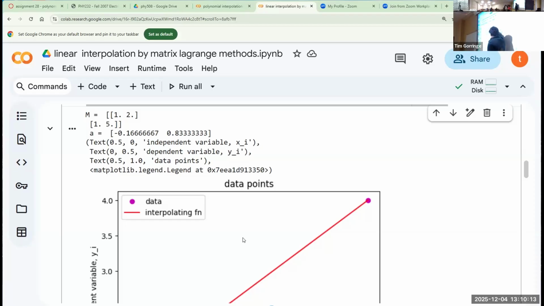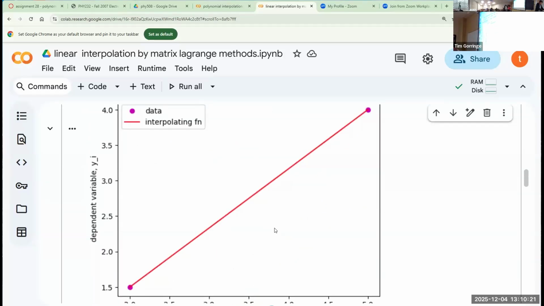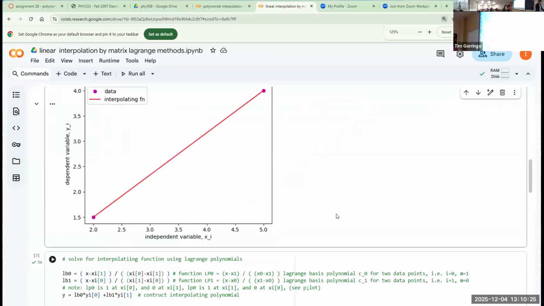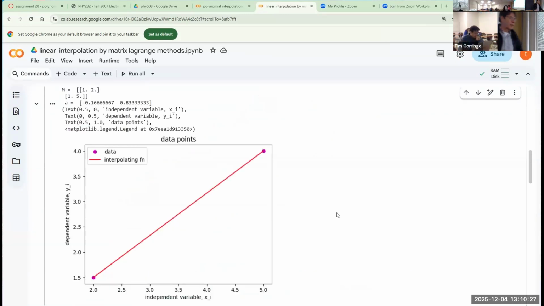So it returned these values, which are the coefficients of the interpolating polynomial. With those coefficients, I constructed the interpolating polynomial and added it to the plot of the 2 data points, and as we would expect, it passes exactly through those 2 data points.